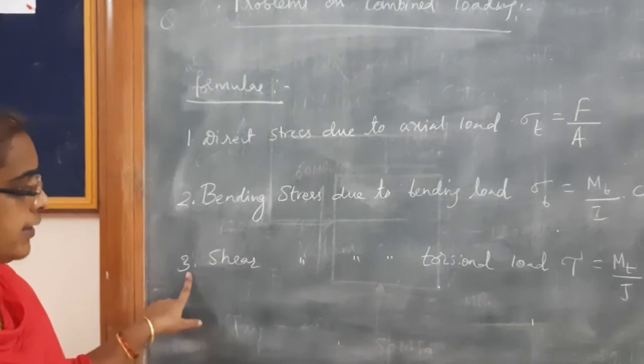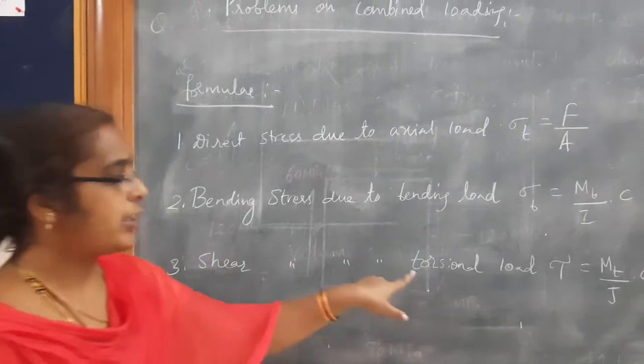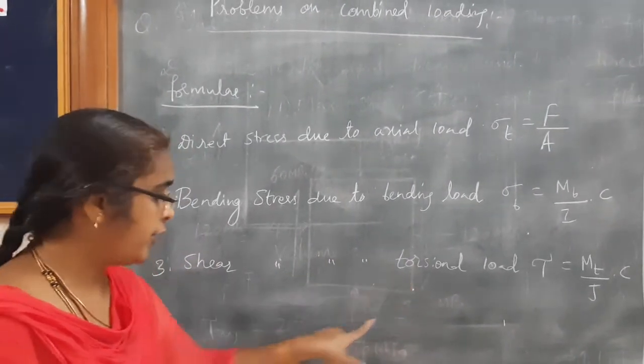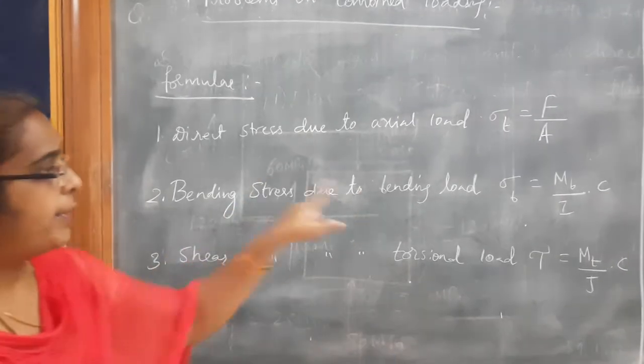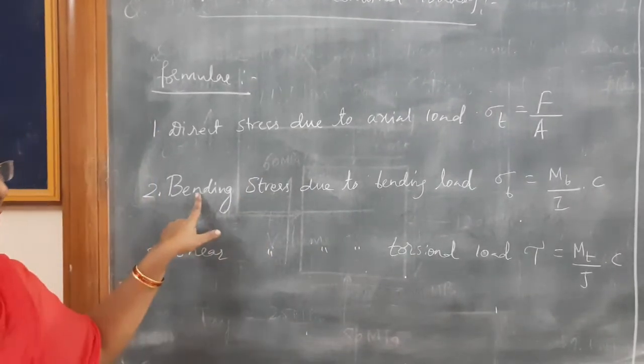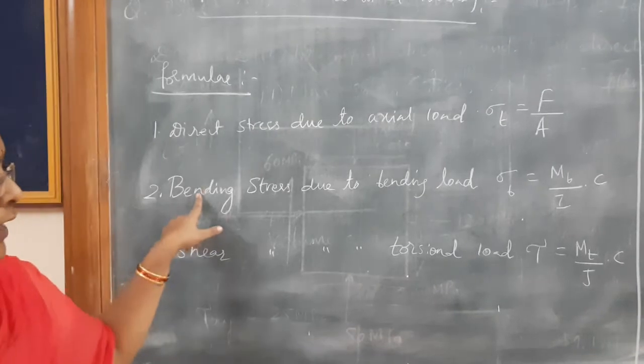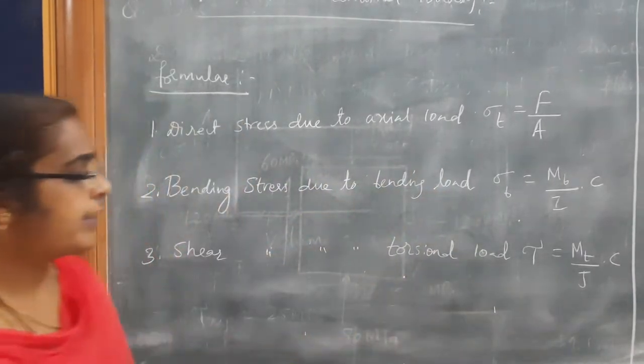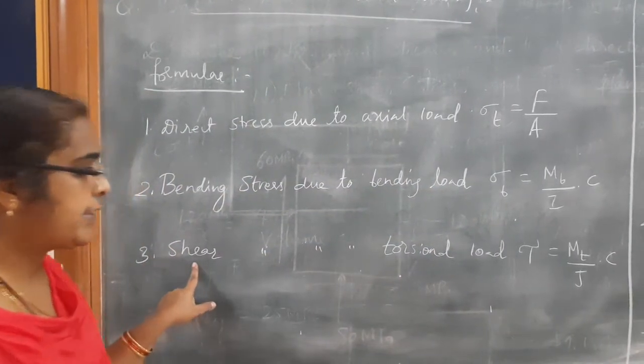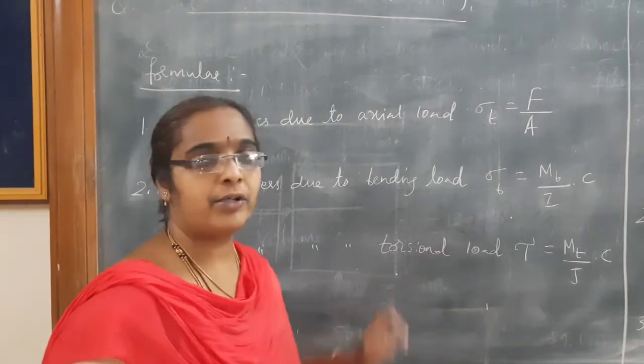And the torsional load is going to induce the shear stress, while the bending load is going to induce the bending stress. Now we know how to calculate the bending stress. Let us see how to calculate the shear stress induced due to the torsional load.